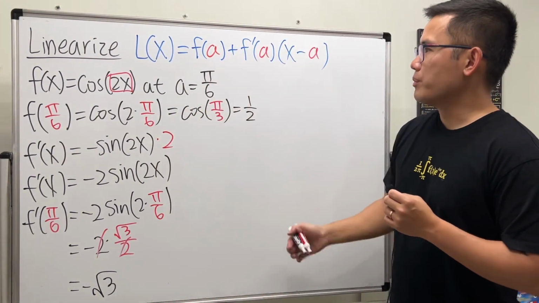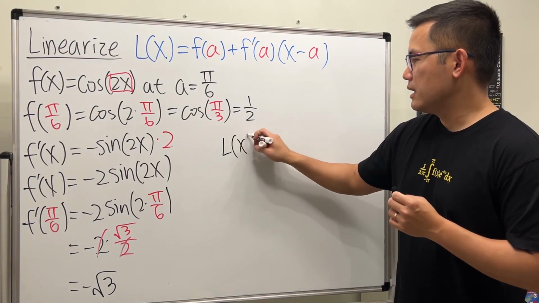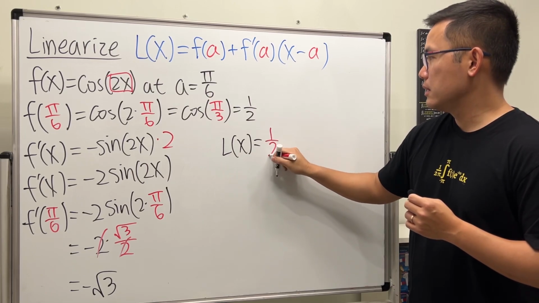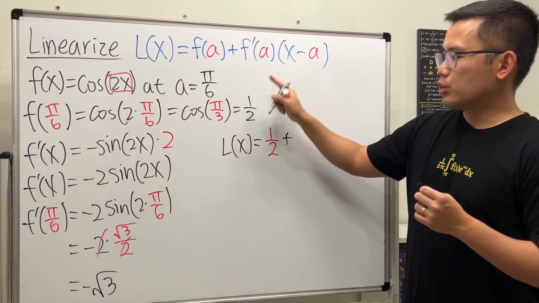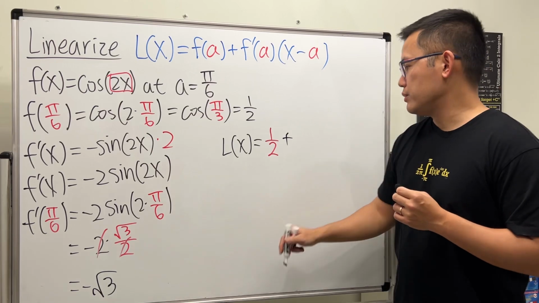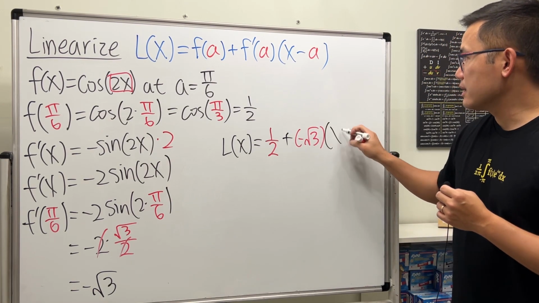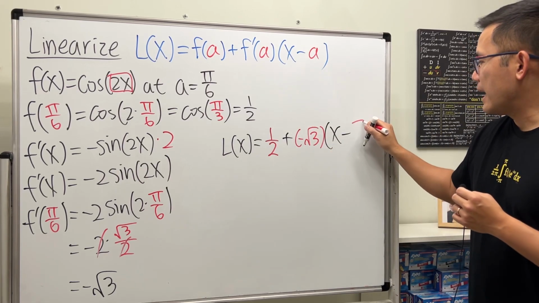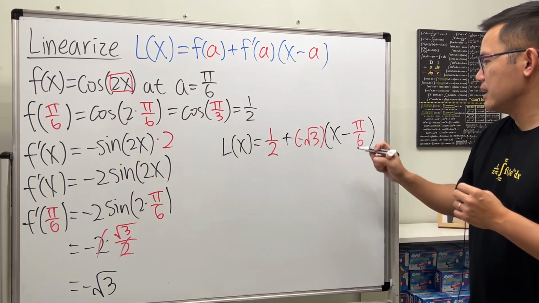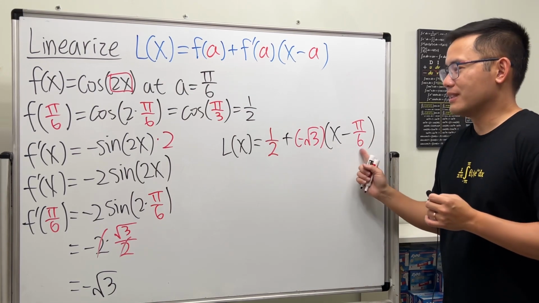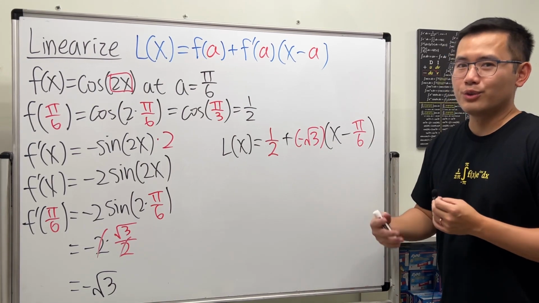Now plug into the formula. So we have L of x equals f of a, which is 1/2, plus the derivative there, which is negative square root of 3, times x minus a, which is pi over 6. It's kind of bizarre because this is irrational and that's also irrational, but we're just going to put them in a nice way.